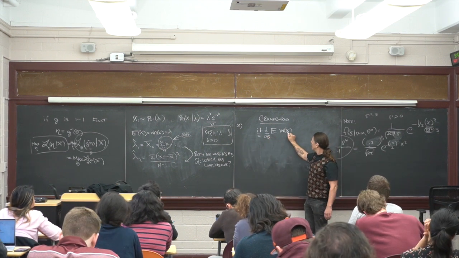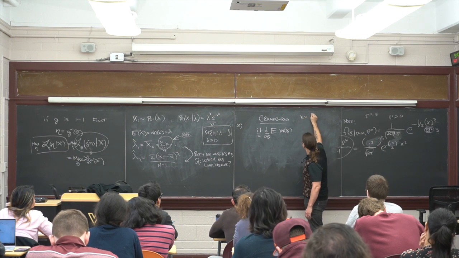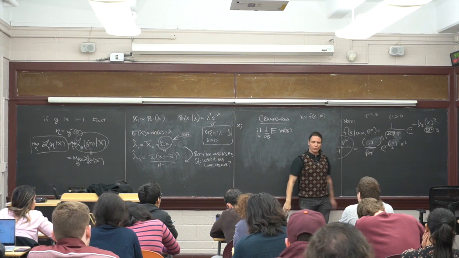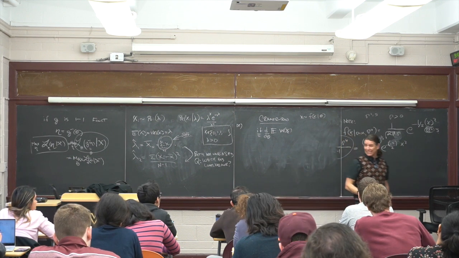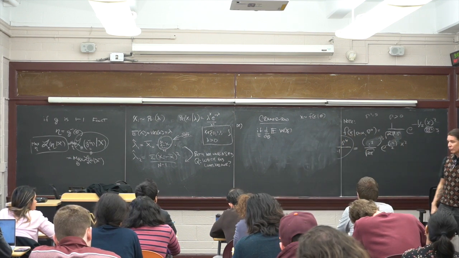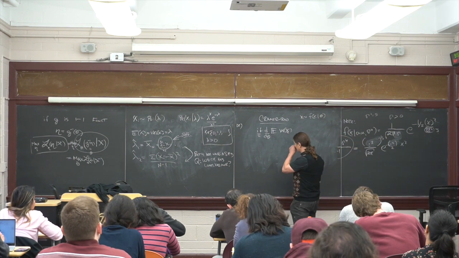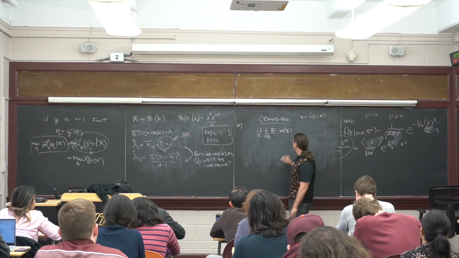And X is just my collection of data. I've got all of my x's coming from some distribution. I'm going to eventually invoke something about it being IID, but let's hold off on that. Things don't necessarily have to be IID for this to work. This formula works. So I take the expectation over this thing.